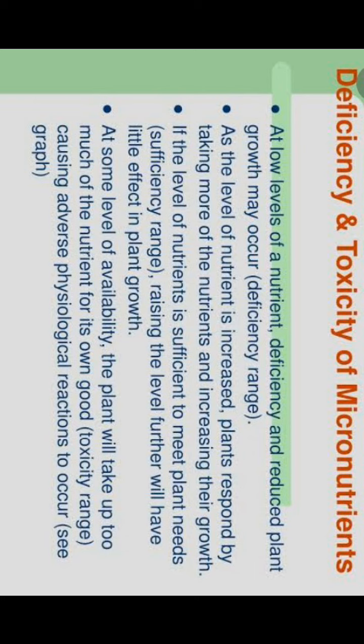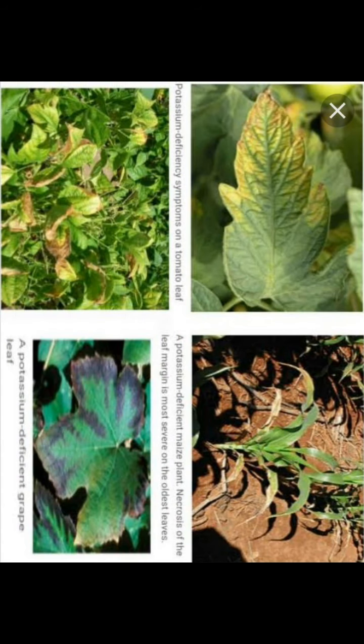Then last point, at some level of availability, the plant will take up too much of the nutrient for its own good, causing adverse physiological reactions to occur. So now those are the symptoms which can be seen on the screen. Due to toxicity of micronutrients, this is how the plants get affected.